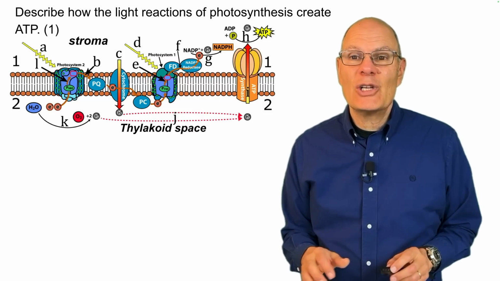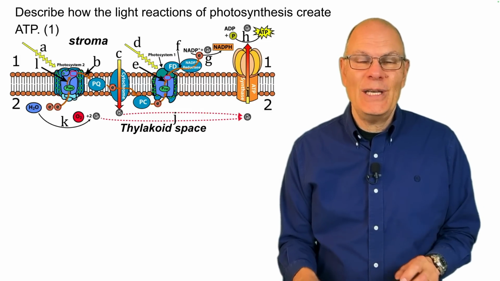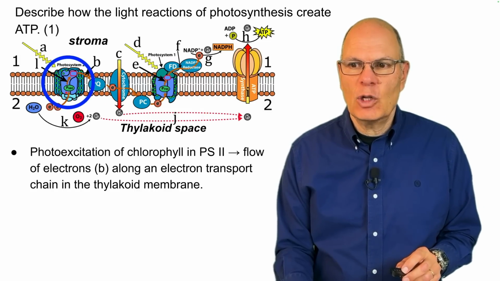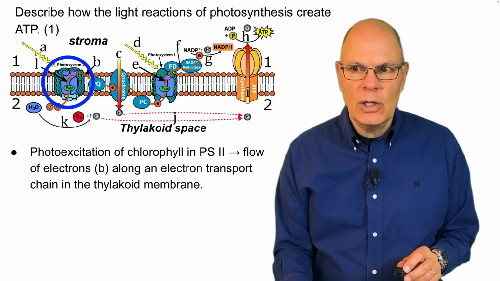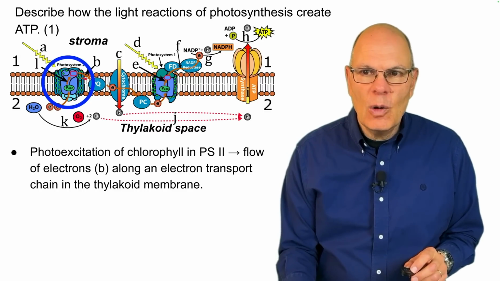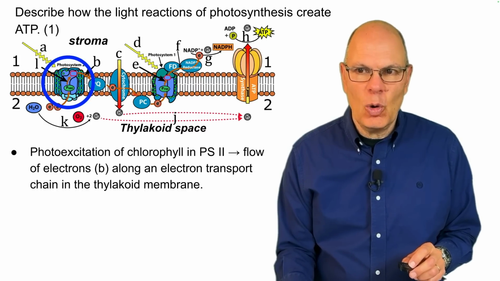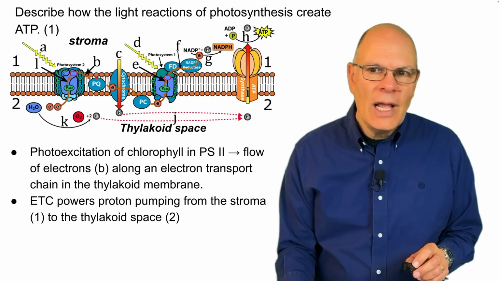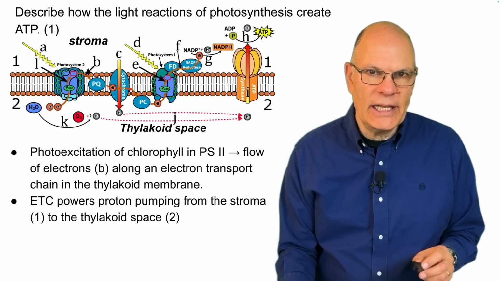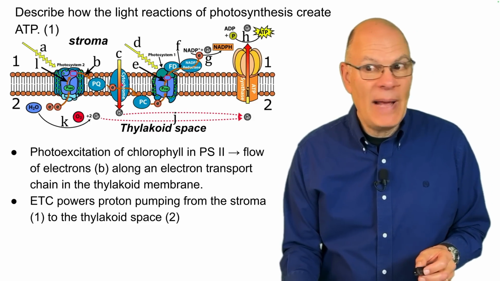Describe how the light reactions of photosynthesis create ATP. Photoexcitation of chlorophyll in photosystem 2 leads to a flow of electrons along an electron transport chain in the thylakoid membrane. That electron transport chain, that's an electrical current, and it powers a device.